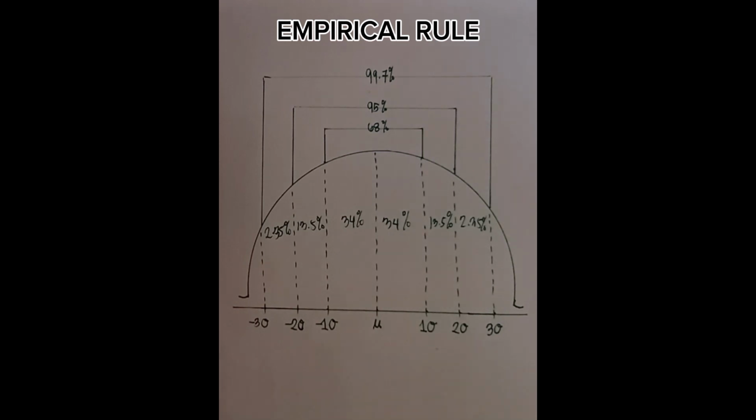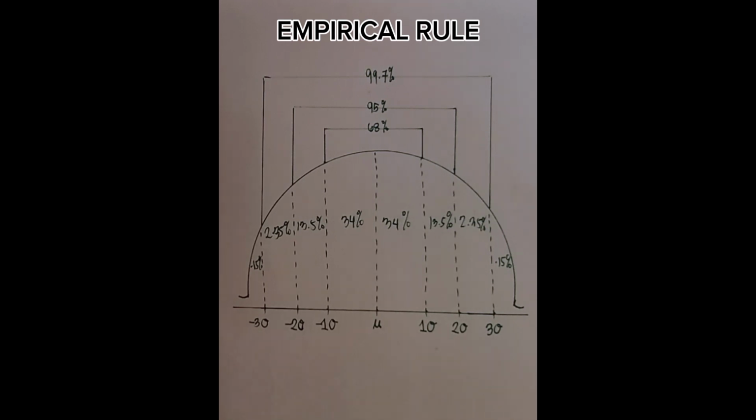Now, the remaining portion. To find the remaining portion, we need to subtract 100% and 99.7%. 100% because the area under the curve is 1 or 100%. So, 100 minus 99.7 is 0.3. Then divide it by 2. So, this is 0.15%.